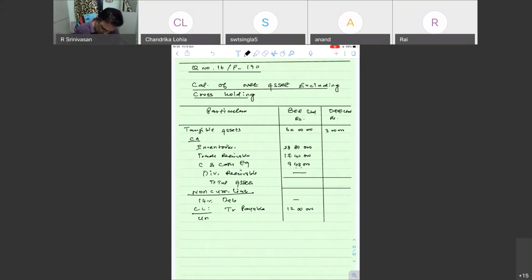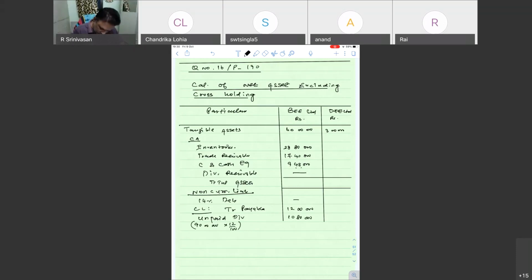So unpaid dividend. How much do they have to pay? They have equity shares of 90 lakhs. On that, they have to pay. How much is the dividend? Dividend is declared by B Limited at 12%. 12 by 100, so 10 lakh 80,000.